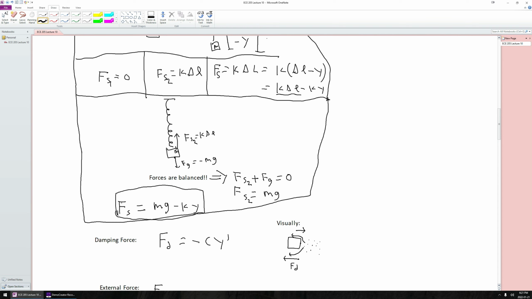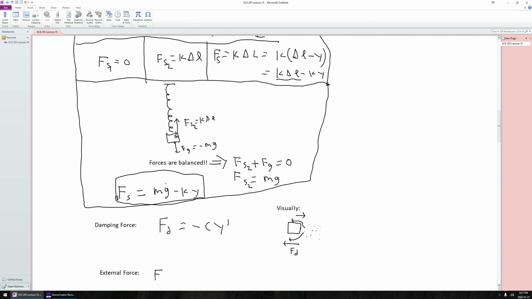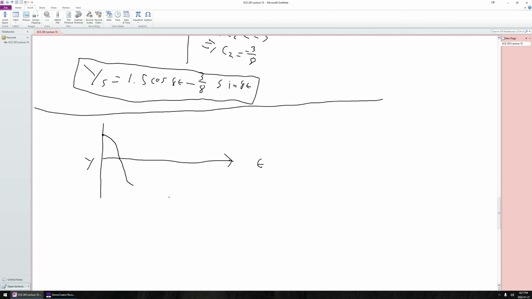So this f of s is symmetric across that equilibrium point, and so are the rest of the forces other than the gravity force, this negative mg. That wasn't symmetric across the equilibrium point, but it cancels with this mg.